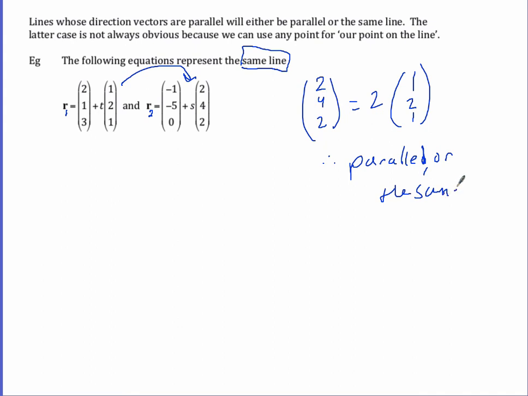Now to see if they're the same line, you have to see if they contain any points in common. So we can test to see if, for example, (2, 1, 3) is on r2. Let's test to see if that is the case.